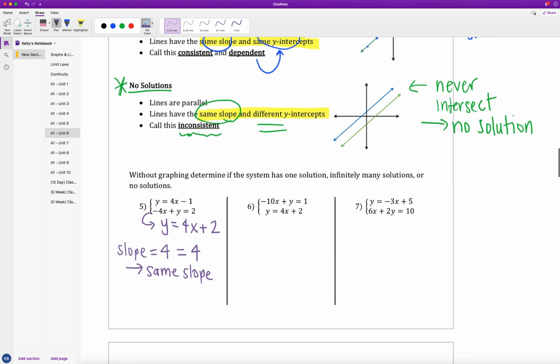So when I look at the y-intercepts, what's the y-intercept in the first equation? Our y-intercept in the first equation is going to be (0, negative 1). What's our y-intercept in the second equation? In our second equation, the y-intercept is going to be (0, 2). So in this case, I have different y-intercepts.